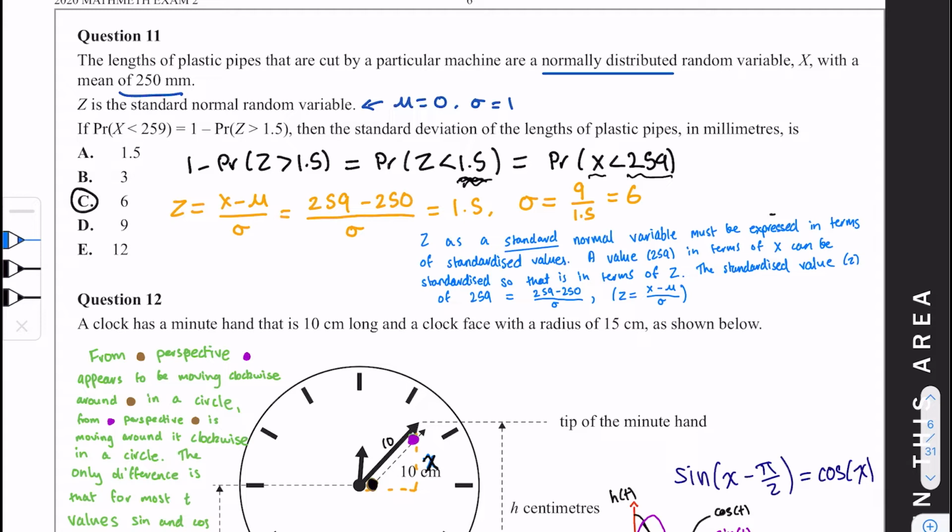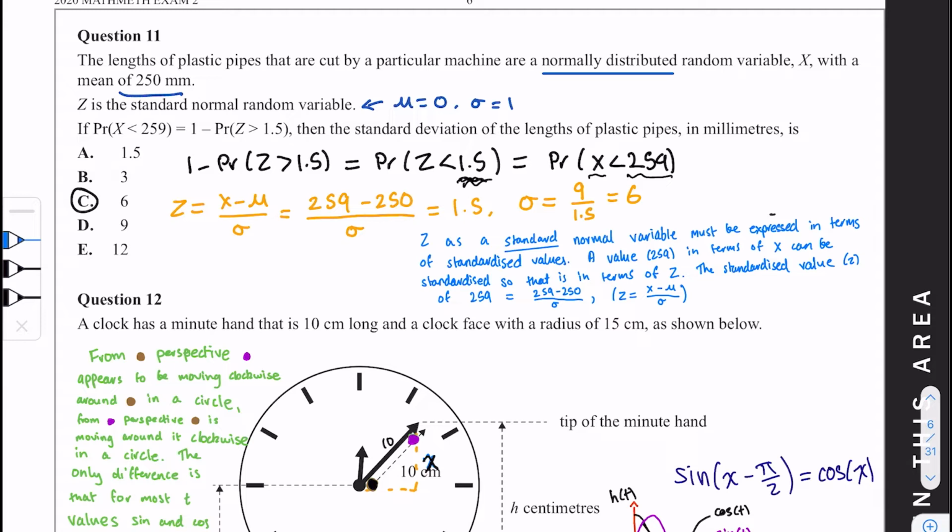So you want the inequality signs facing the same way. So we rearrange 1 minus probability of z is greater than 1.5 to equal probability z is less than 1.5. And then that is equal to probability that x is less than 259.